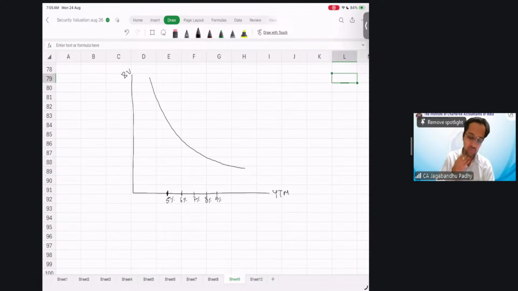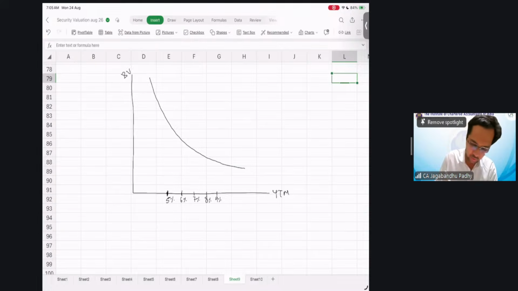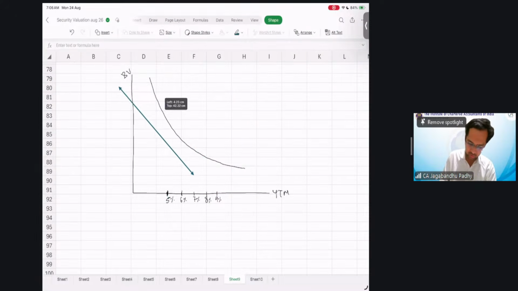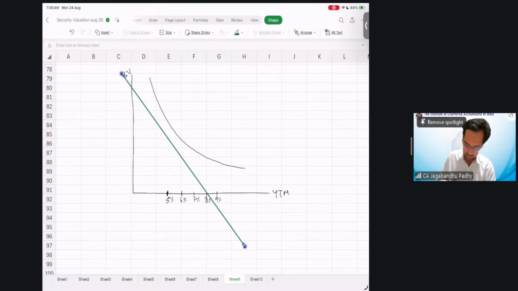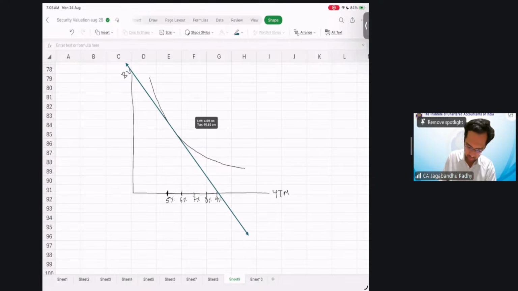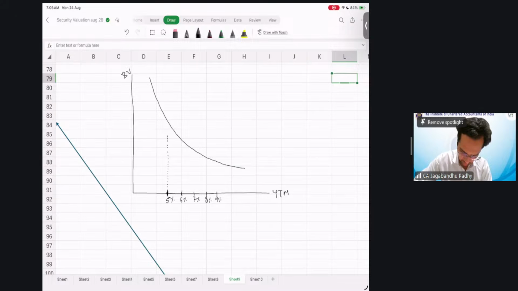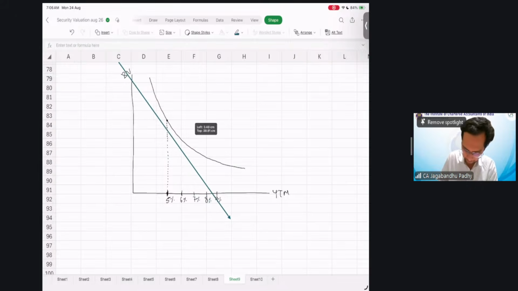When we calculated the modified duration, we got a certain number. And that modified duration is essentially a straight line which we draw over this curve. Essentially from 5%, if I draw a dotted line upwards to check where my bond value is, the bond value is typically over here.